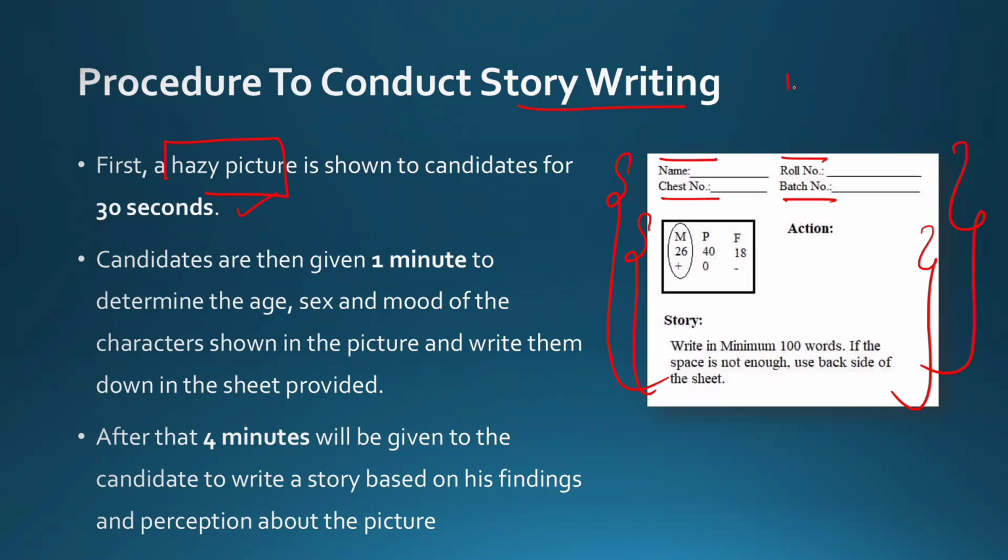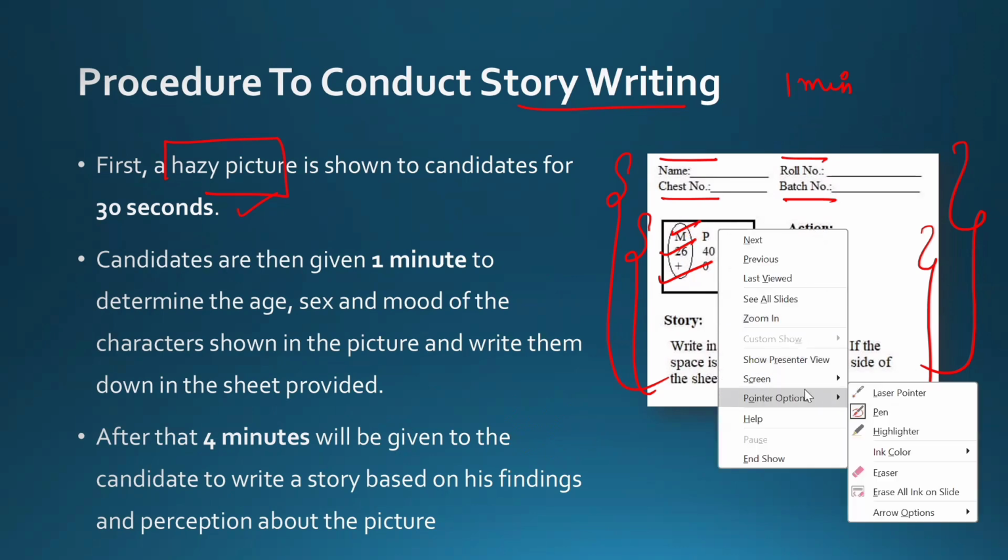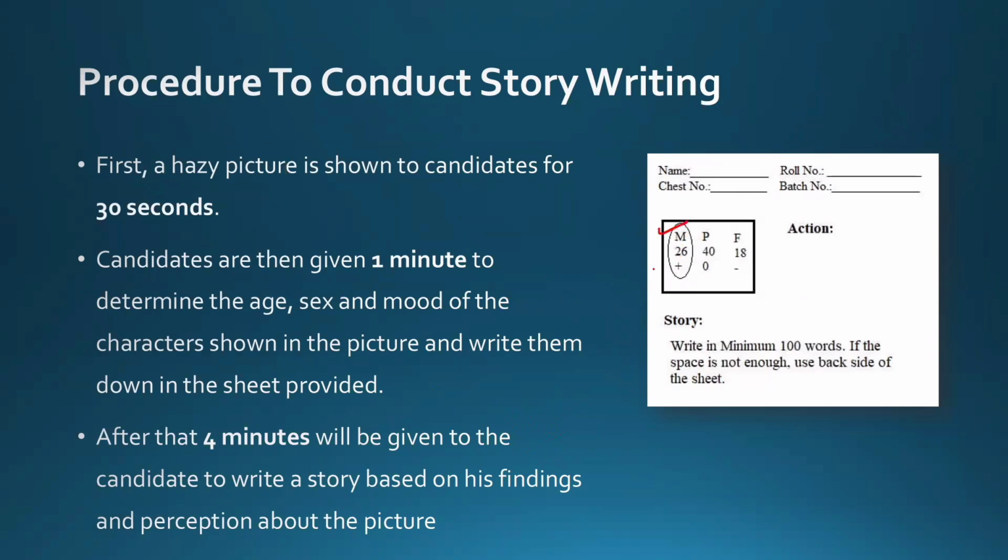After that, you will be given 1 minute to determine the sex, age and mood of the character shown in the picture, and you have to write it down in the square box given in that particular sheet. For example, here it has been written M26 plus, which means the sex of the person is male, the person is 26 years of age, and the person is in a positive mood.